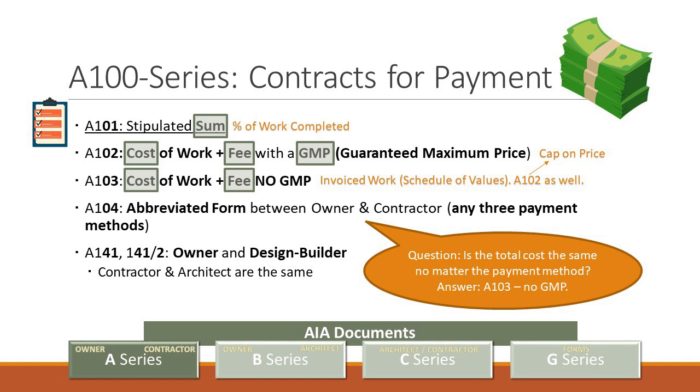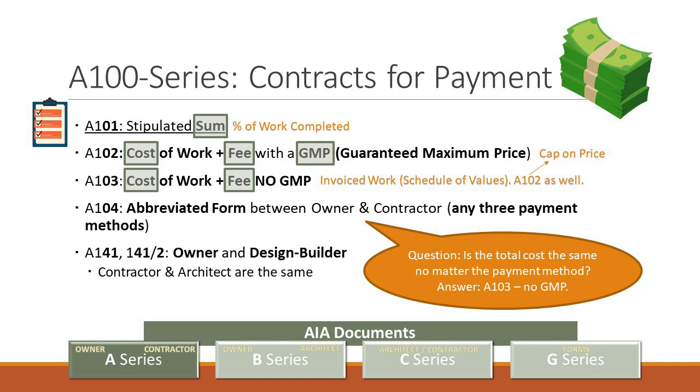So each and every trade will be listed in this schedule of values, this G702 document, and each and every contract amount, and it's the actual cost that they have, that the subcontractor spent and invoiced the contractor. So it's not based on this guesstimate, it's the actual dollars. So that's the cost of the work.